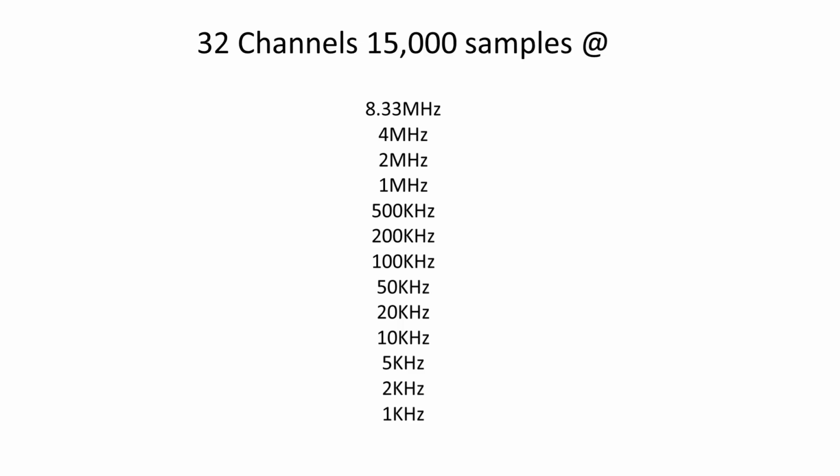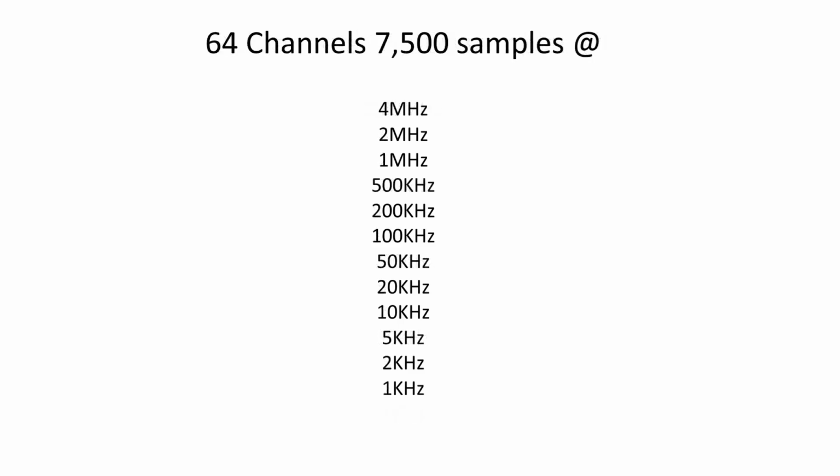It's just not fast enough. You're sampling twice as much, so you can only do it half as often. So you've got those frequencies available. And the target was 64 channels, and you can have 7,500 samples there. And they're all the frequencies you can run that at. If you happen to set it to 64 channel and 12 megahertz, you just won't be able to. The software will go, no, that's bad.